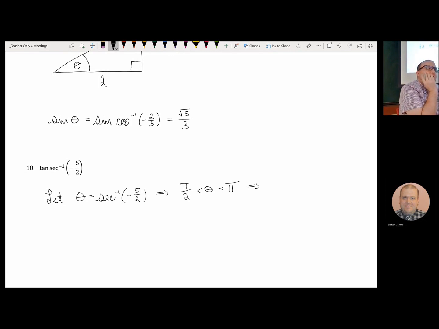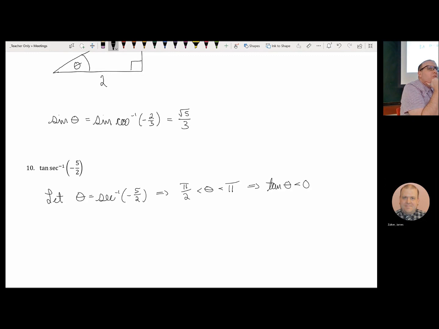What's the sign of tangent for those angles? In other words, tangent is what in quadrant 2? Negative. So our answer is going to have to be negative. Now we use our reference angle.